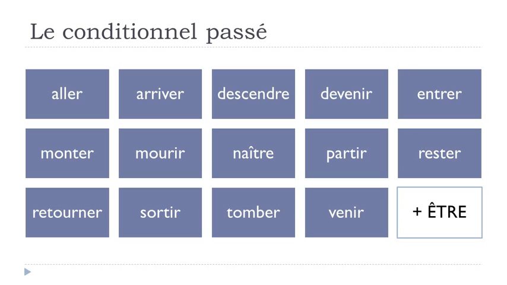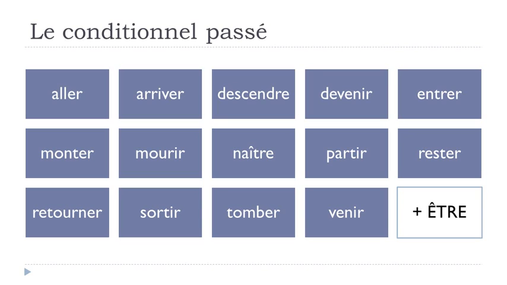And if you remember what we've been seeing for the passé composé, they are exactly the same verbs that will require être, whether for the passé composé or for the conditionnel passé. And the good news is that we've got other composed tenses in French, and this list will always be the same. So it means that this list of verbs that will require être will be the same for all these composed tenses. Okay?